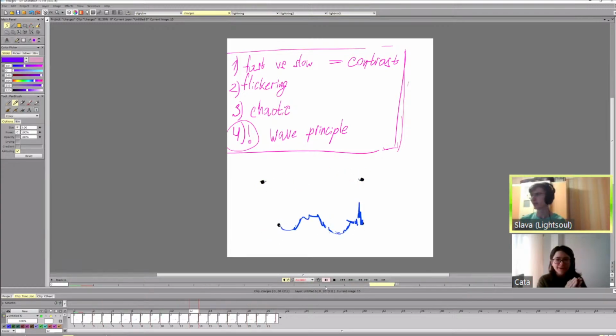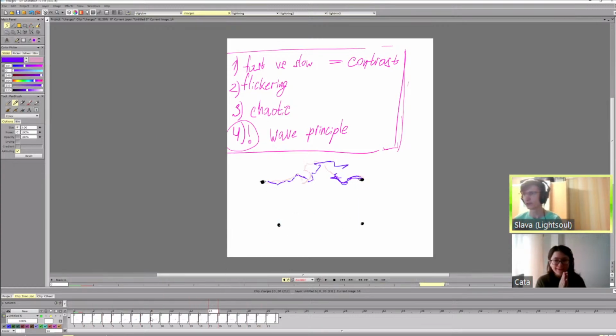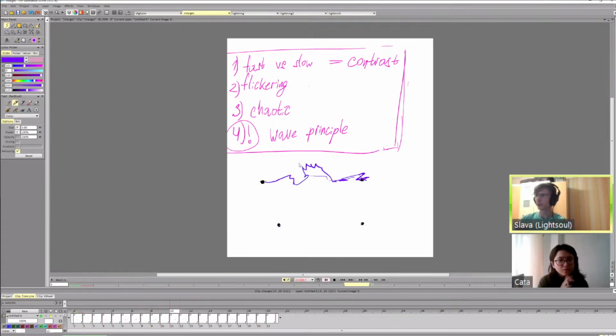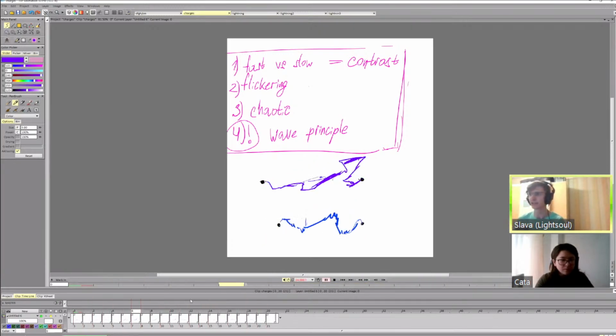So this is still pretty chaotic. And I think we can keep it more interesting if we add something at the bottom or on the left. Why is that? If you look at this animation, everything intense, everything chaotic happens only on the second part, on the right half of the electricity.